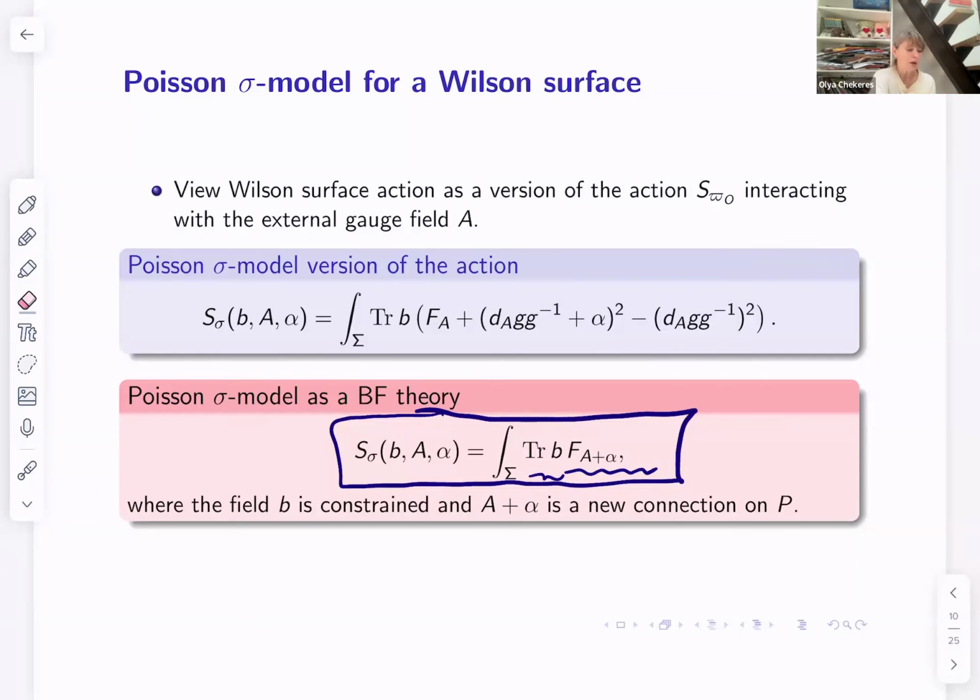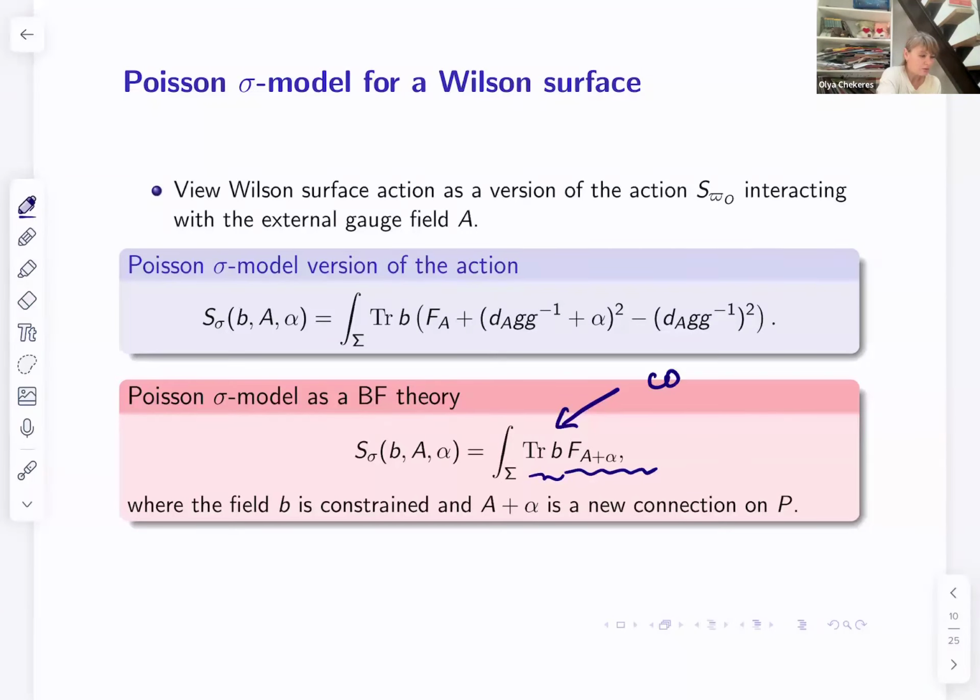theory. We just need to remember that the field B is now constrained to take values in the coadjoint orbit, since it is a conjugation of the orbit element.